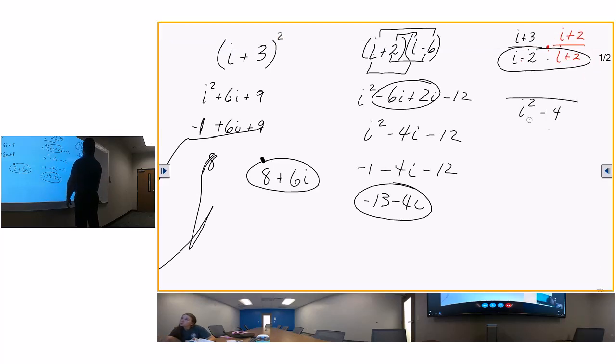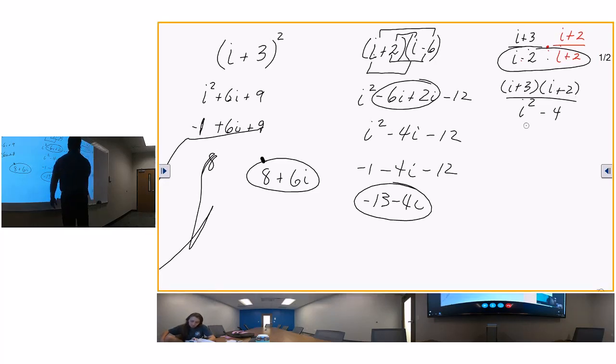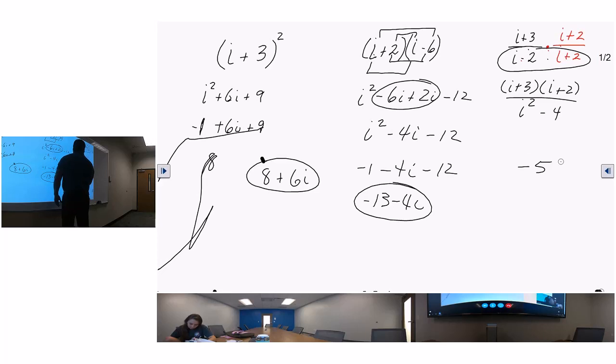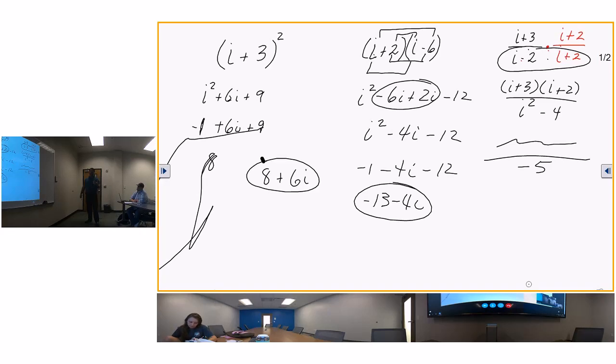And then on the top, I really don't care. i plus 3 times i plus 2. Because what do you have on the bottom? What's i squared? Negative 1 minus 4 is what? And I don't care what's on top. The main thing you need to see here is that you're using the conjugate to get a what on the bottom? A number instead of a radical.